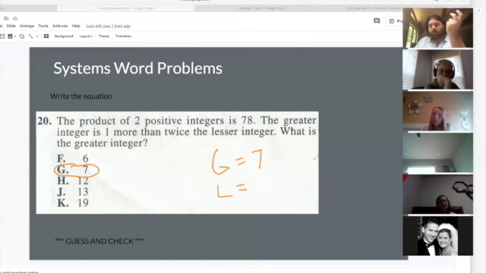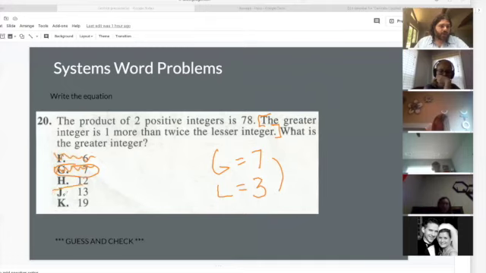The greater would be one more than twice that. So there we go. What is the greater integer? If it was 7, then this would work. The greater is one more than twice the lesser. We got that. But is the product 78 when we multiply them? No. I need it to be bigger, which tells me that G is too small and F is too small.